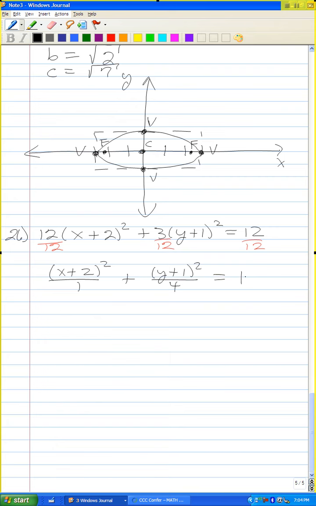And so the center of my ellipse is -2, -1. A, square root of 1 is 1. B, square root of 4 is 2. C, 4 minus 1 is 3. So C is the square root of 3.